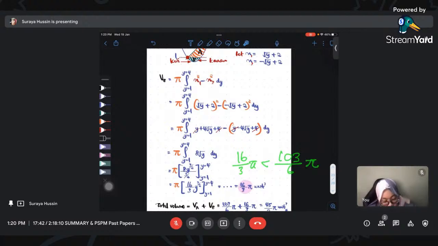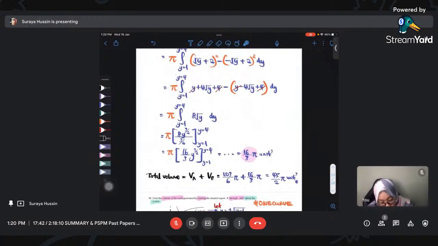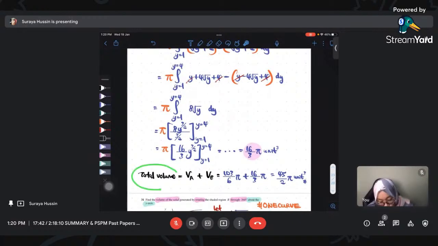Is it smaller? Yes, it is smaller. Tak percaya, tekan calculator. At the end of it, you akan perlu cari total volume. Nak cari total volume, VA plus VB, and then you combine both volume, and then you got the final answer.